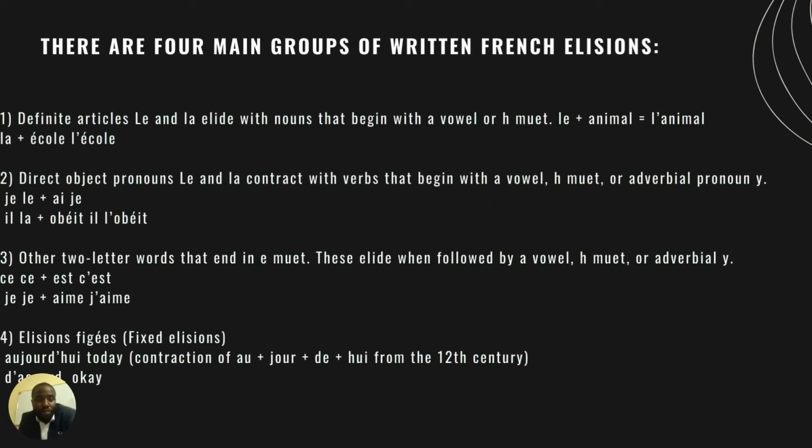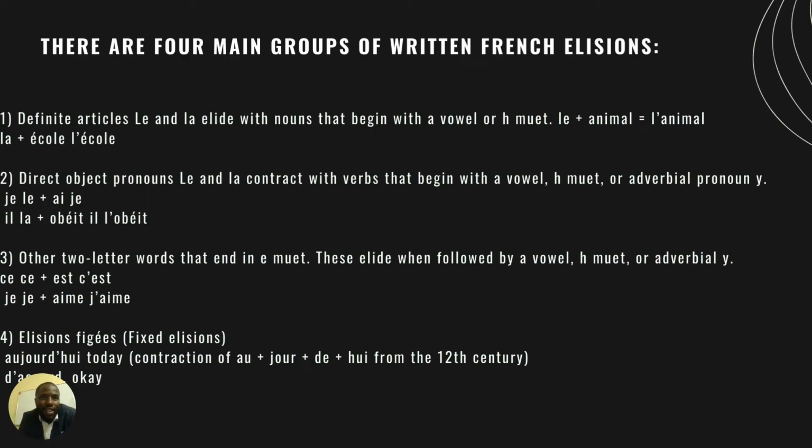For example, there are four main groups of written French elisions. The first one is with definite articles, le and la. This is also another topic that we'll look at later, where we're looking at articles. And articles are not just unique to French. We also have them in English, we have a and an.